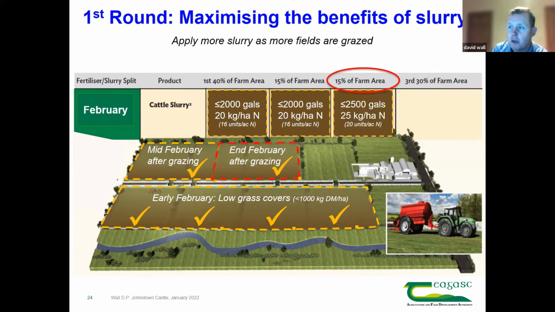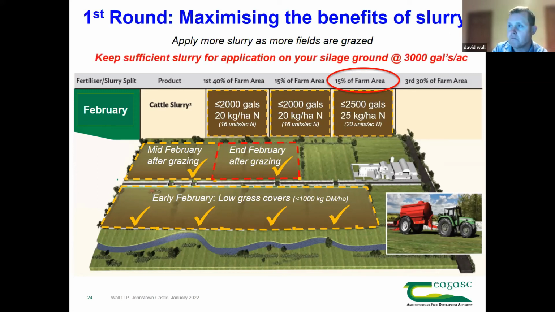As we move forward, then we can begin to up the rate of slurry up around 2,500 gallons for those that were grazing towards the end of February. And that's probably all the slurry that you'll get to on the grazing ground at that time, because we must make sure and keep enough slurry for the silage ground, and that silage ground will need about 3,000 gallons.